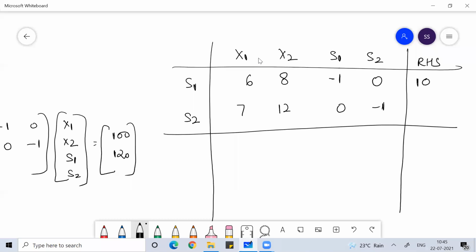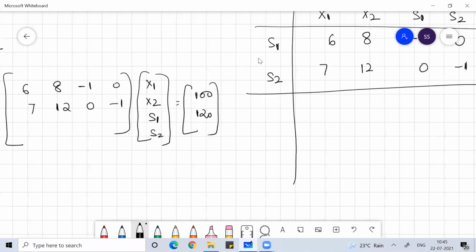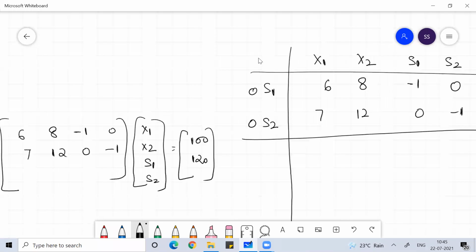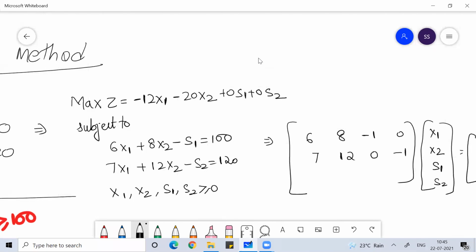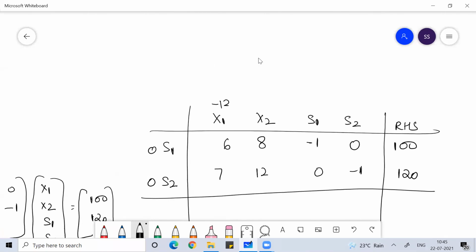Your RHS is 100 and 120, and these slack variables have the coefficients called 0, and the objective function is minus 12x1 minus 20x2 plus 0 s1 plus 0 s2. Like this, you can start solving the problem.